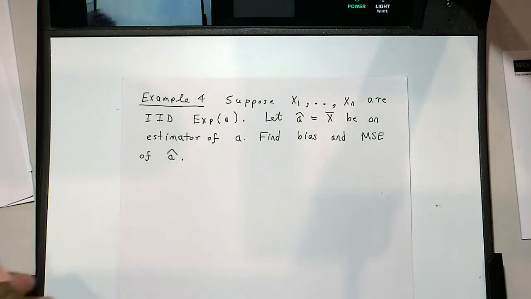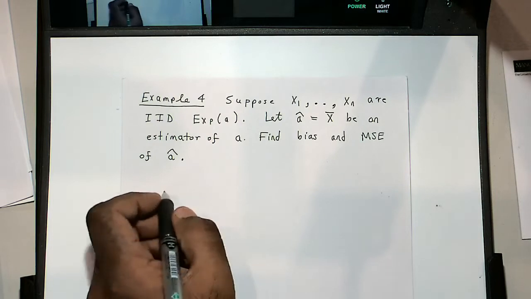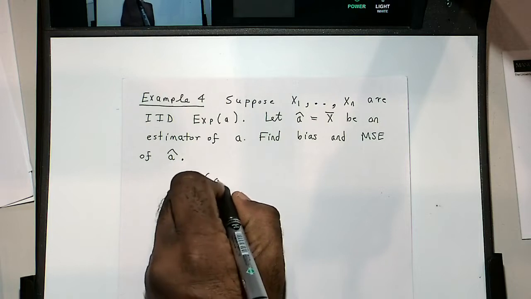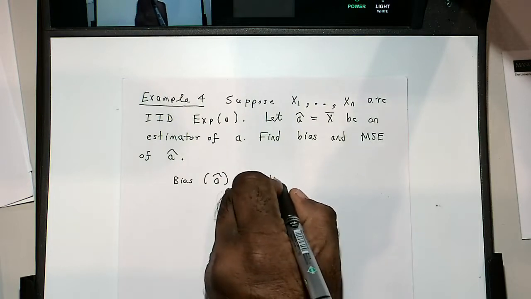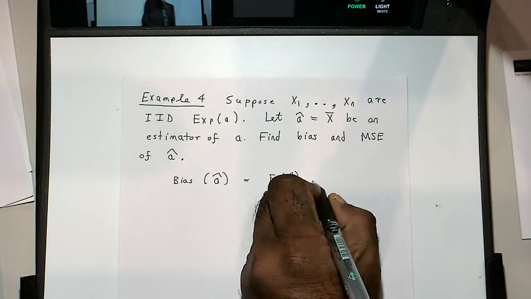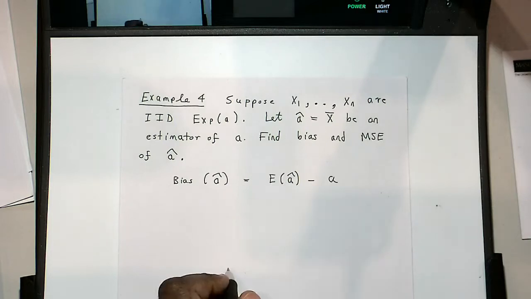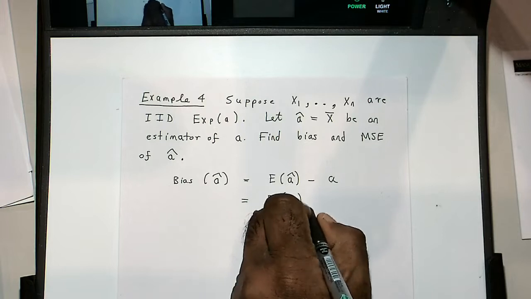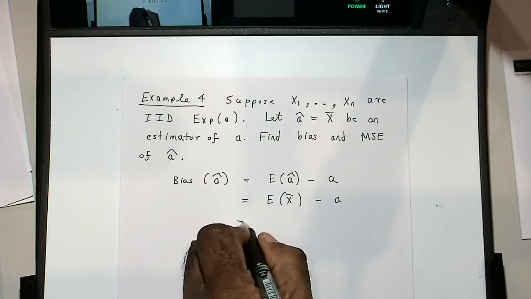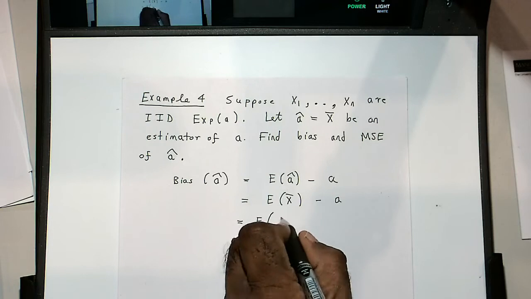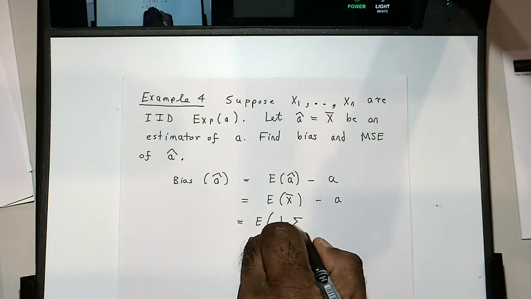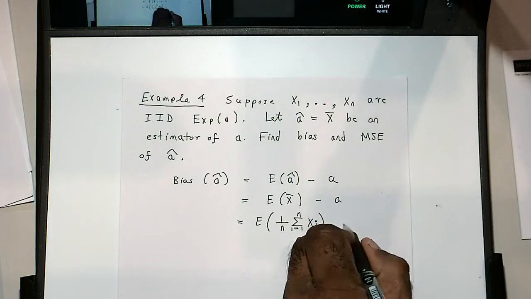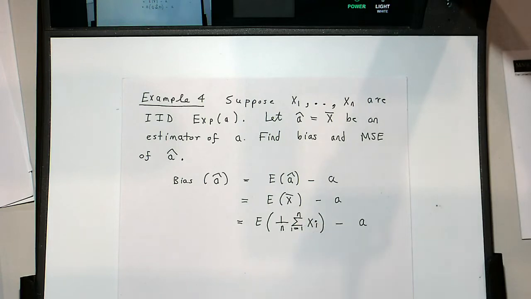Right. So let's try to find the bias first. So the bias of a hat, by definition, is this, yeah? So this is the expectation of X bar minus a. So this is the expectation of 1 over n times the sum.